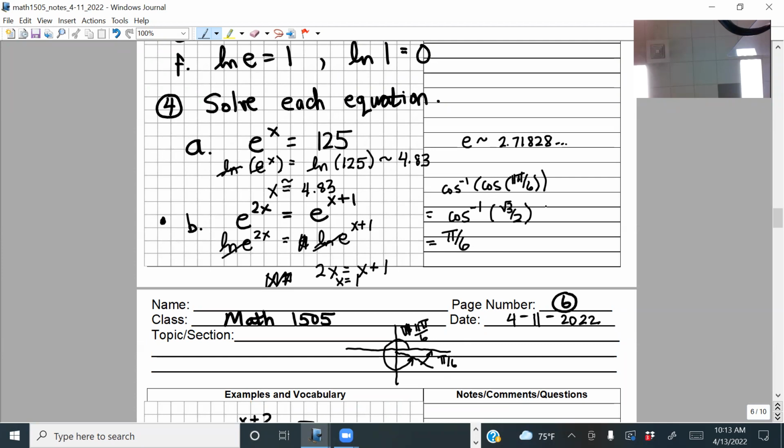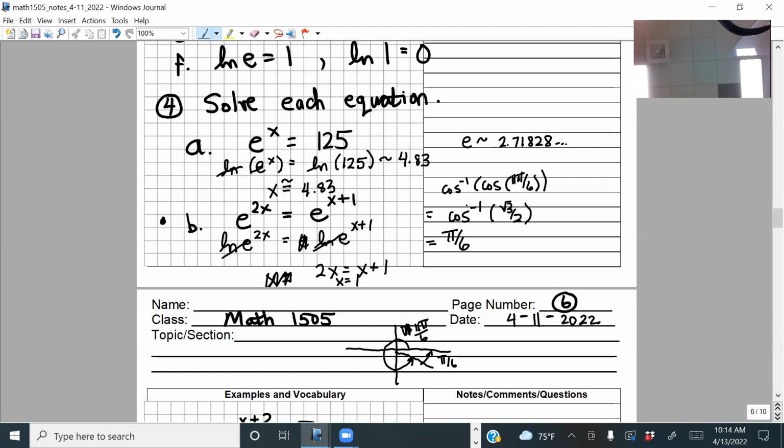We just said it, 0 to pi. 11 pi over 6 is not between 0 and pi, right? At any rate, the cosine inverse of square root of 3 over 2 is pi over 6. So see, these things don't match, right? In this case, these two quote unquote inverse functions do not really cancel each other.